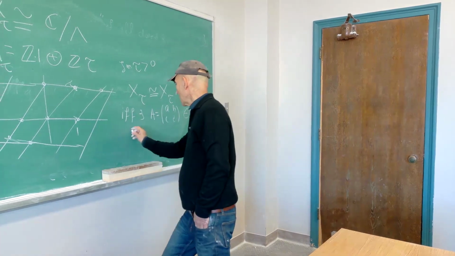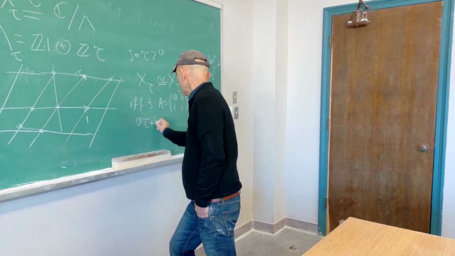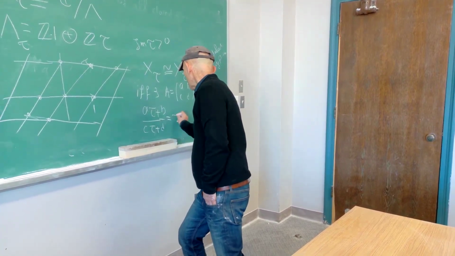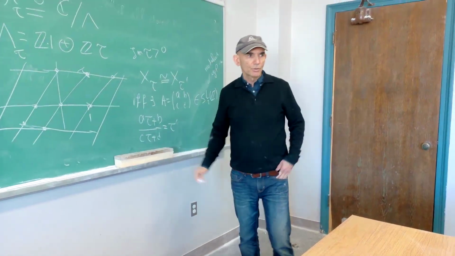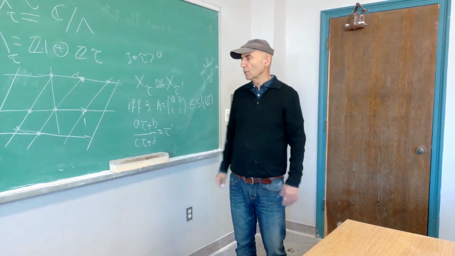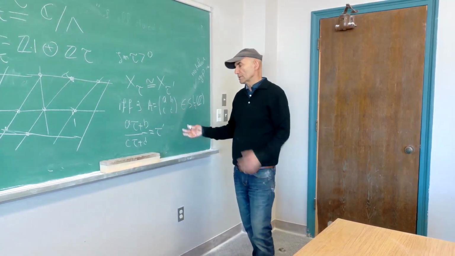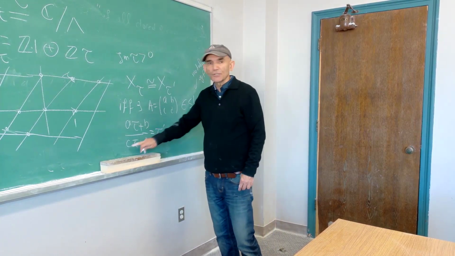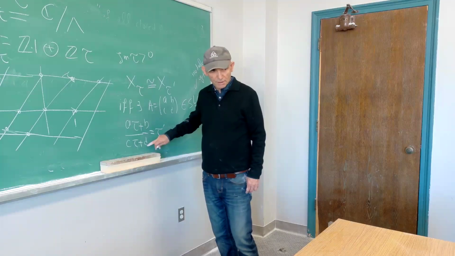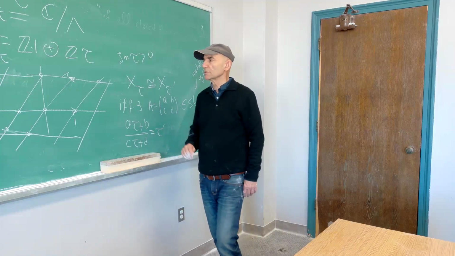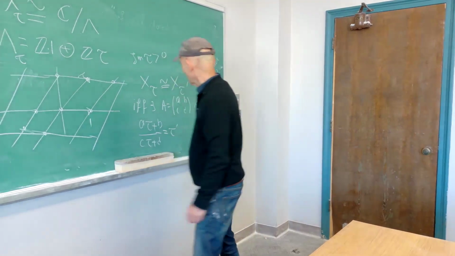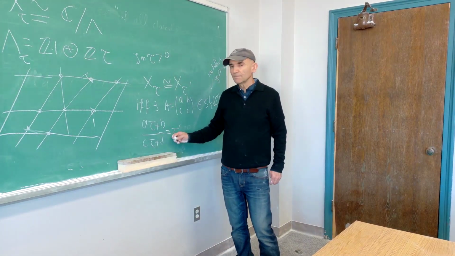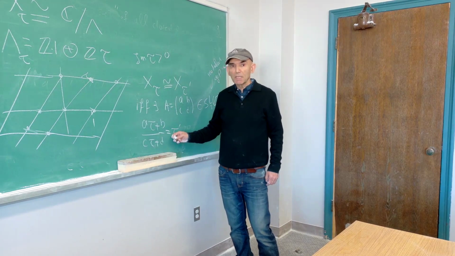In other words, (A tau plus B) over (C tau plus D) equals tau prime. So it is just integral linear maps, not the whole Mobius group.